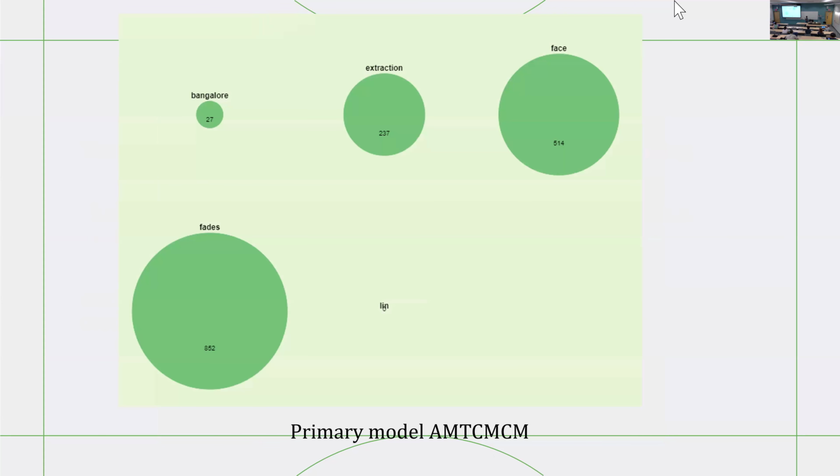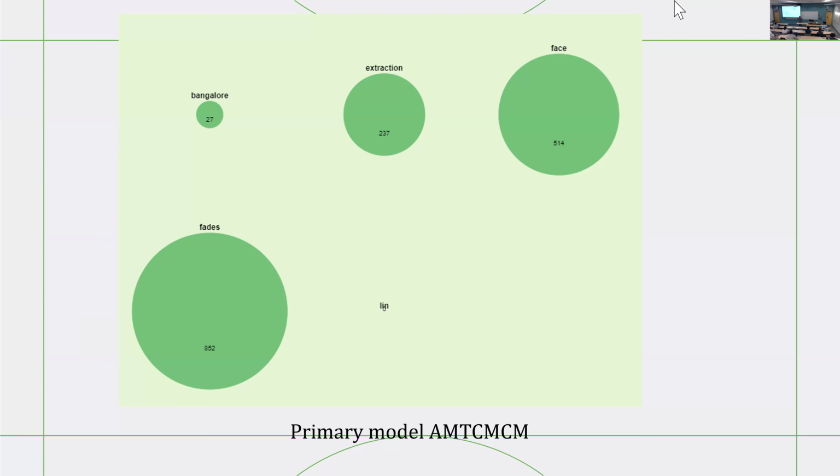So this is the primary model. The entire text is clustered into only 4 units, sorry, 4 clusters. It randomly picked some representatives, and the phrases don't make much sense. When I looked at the keywords of these clusters, they also do not make much sense, because of course it just grouped similar words together.